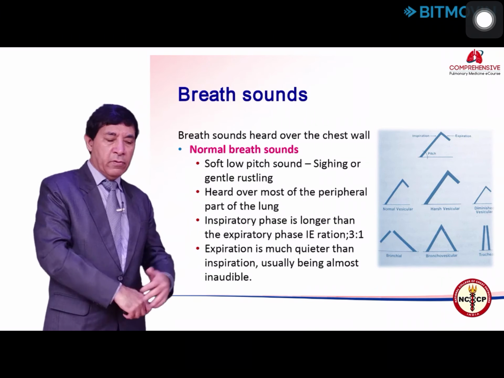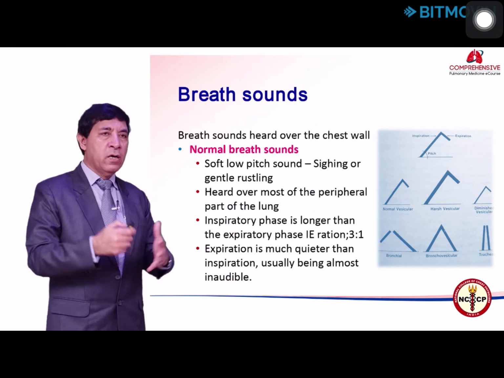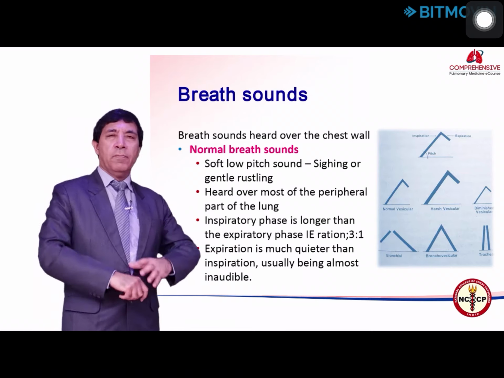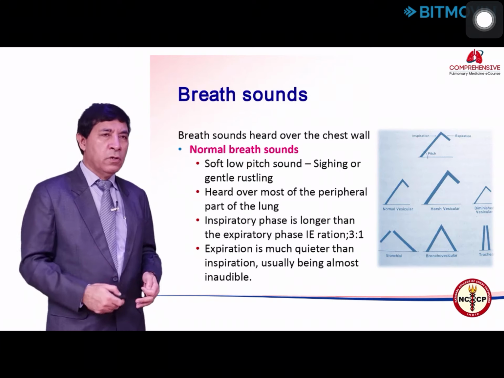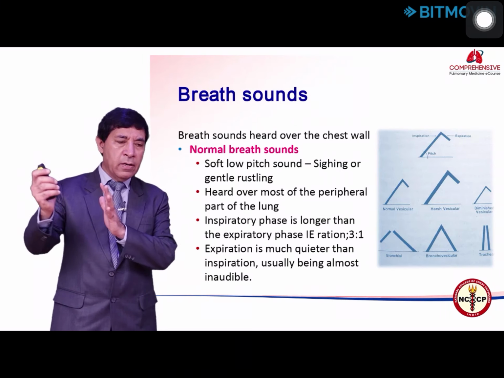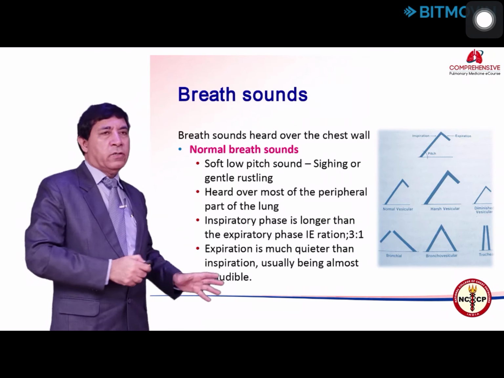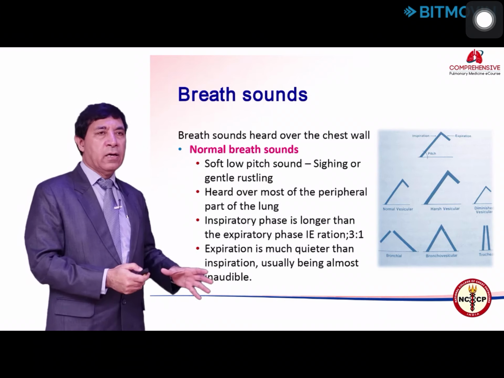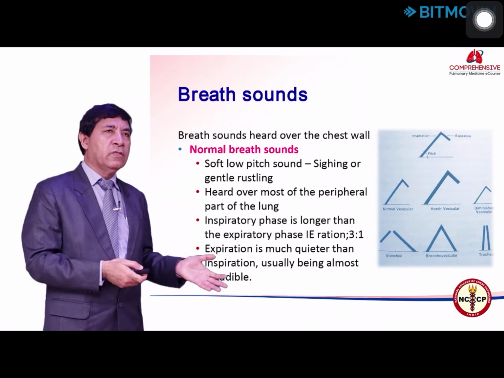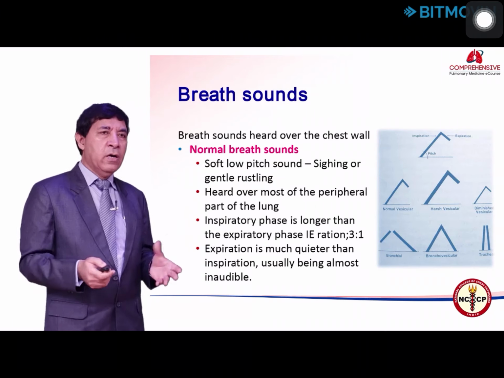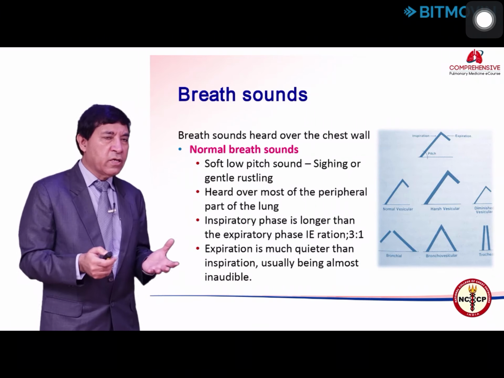Normally, breath sounds are noise, a combination of various frequencies ranging from 200 to 2000 due to turbulence. When these sounds go across the normal healthy lung, all the higher frequencies are filtered out, and the lower frequencies, between 200 and 400, are also attenuated to a significant extent.